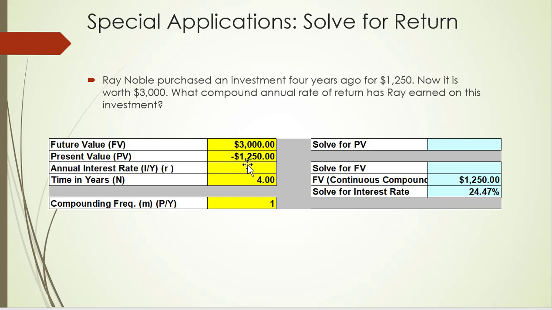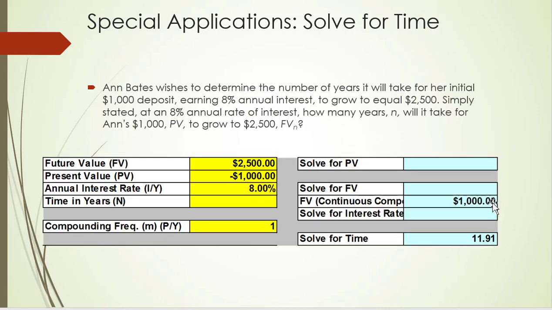Remember, since present value is a beginning amount, it is almost always going to be a negative number, negative 1,250. So what is the actual return? The return on this investment is roughly 24.47%. That's the annual rate of return, compounded annually, on this investment for Ray.